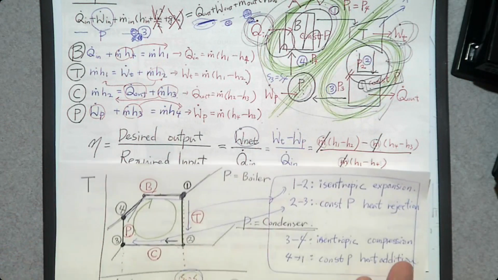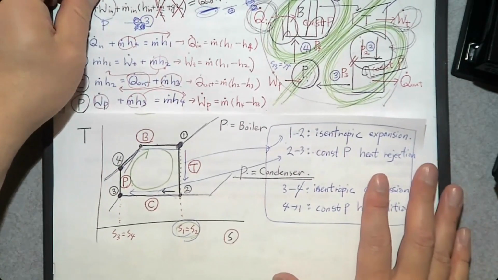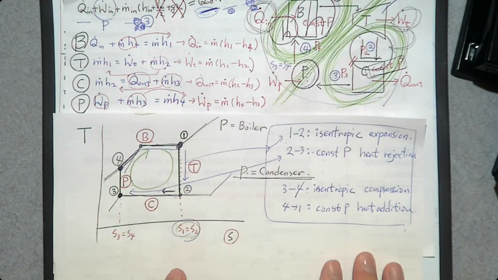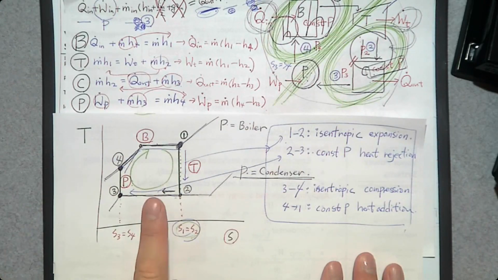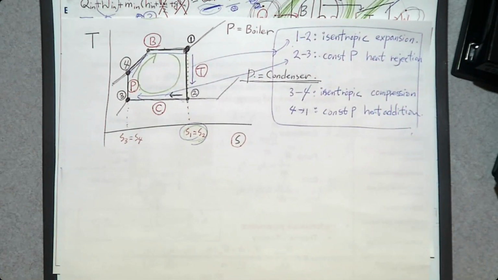And this is how we can simplify this Rankine cycle, and that's called ideal Rankine cycle. And this is the TS diagram in the Rankine cycle. Then we are going to study this TS diagram to learn how we can improve this Rankine cycle.